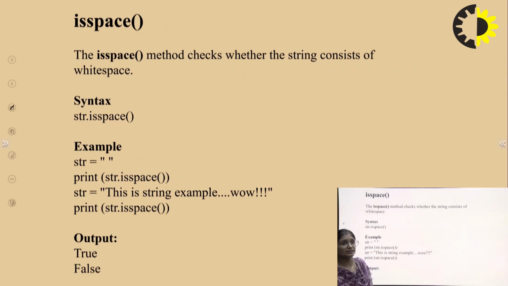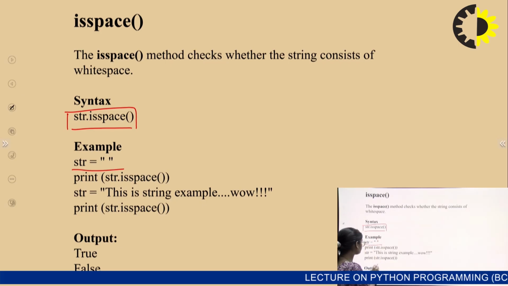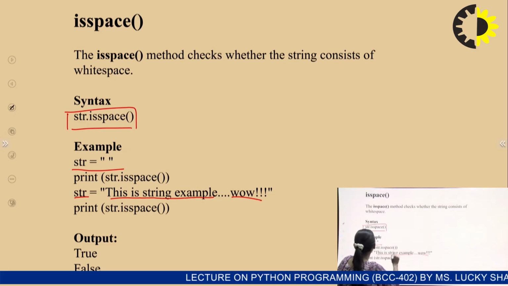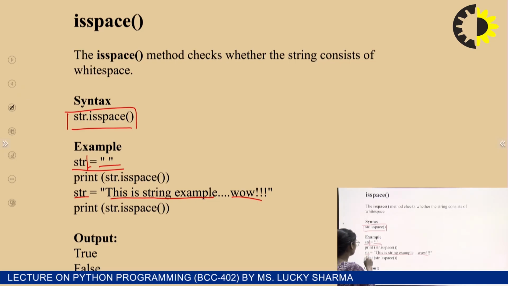Next is isspace. The isspace method checks whether the string consists of white space or not. If there is white space, the value is true. If there is no white space, the value is false. And the syntax is string dot isspace. This is string 1, and print string dot isspace is the syntax.